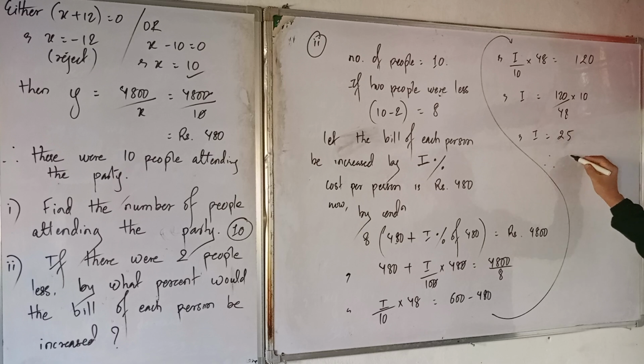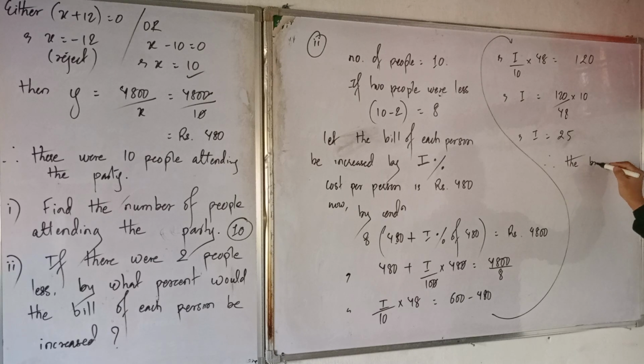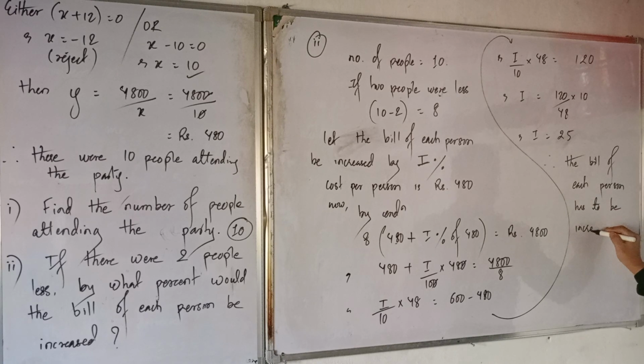So therefore the bill of each person has to be increased by 25%, and this is the answer. So for your sentence making, you can use your own creativity.